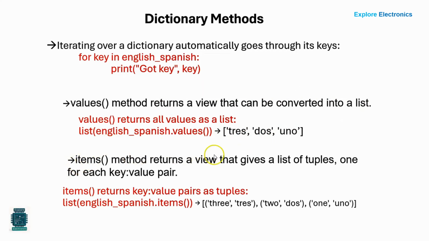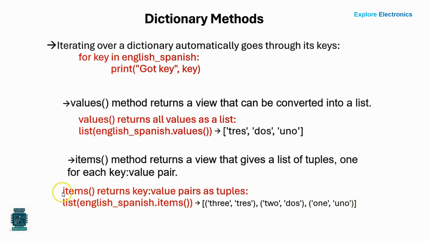The items method returns a view that gives a list of tuples, one for each key value pair. Here, if I use the items method, it will return the view as a list of tuples. You can see the list and tuples here. It's a key value pair.